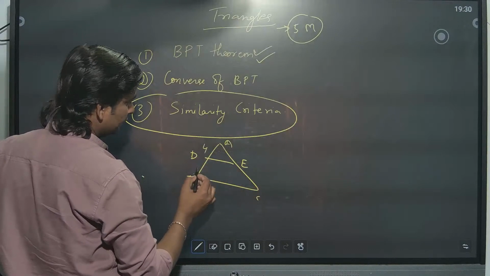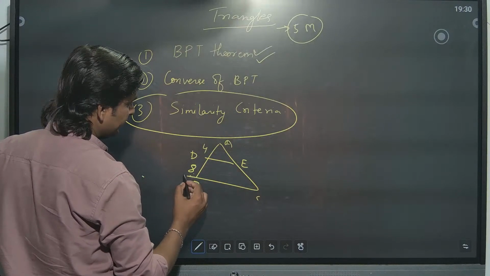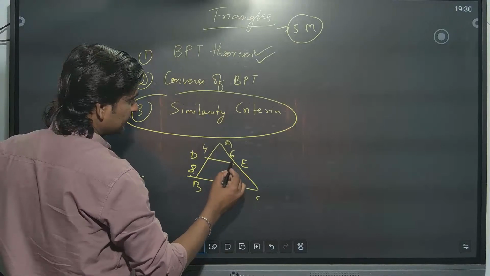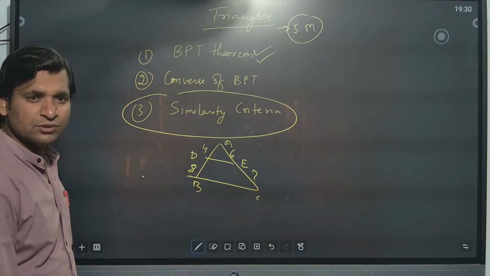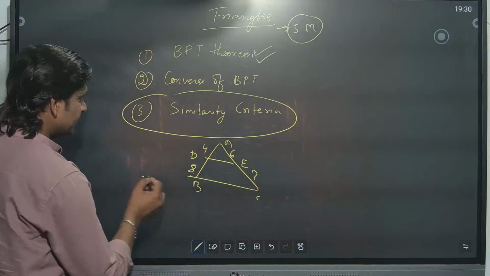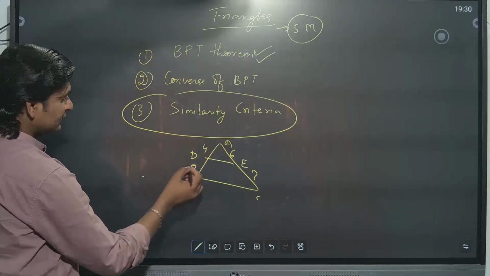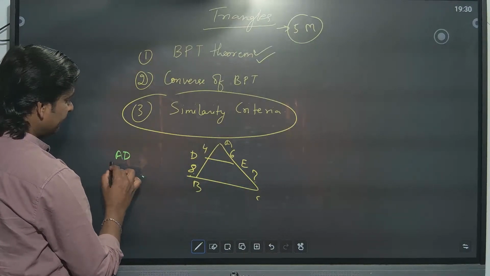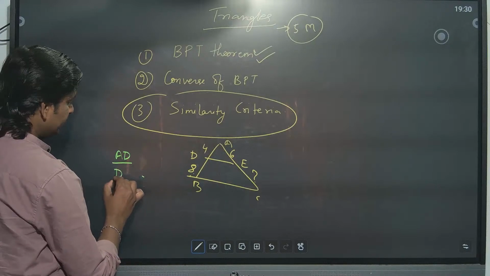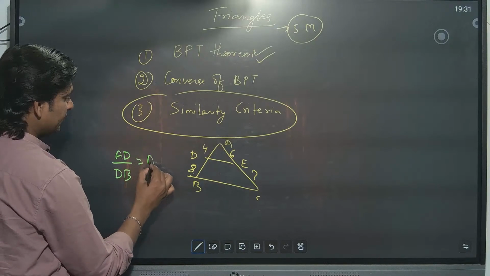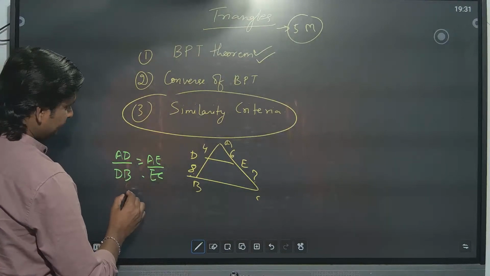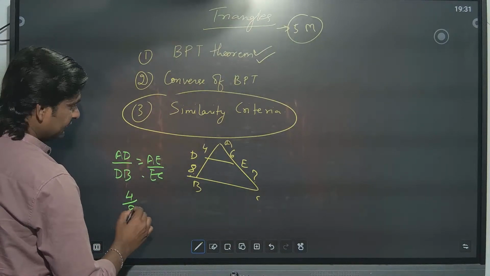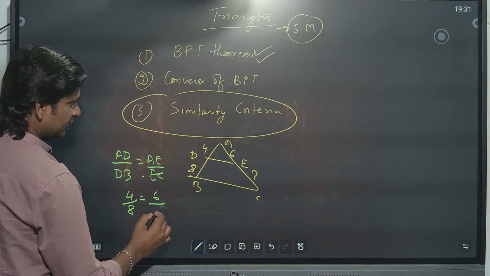They will give 4, 8, 6 and ask you to find the value of this. This is one of the questions, MCQ only. What BPT says: AD by DB is equal to AE by EC. AD is given 4 by 8 equals 6 by x.